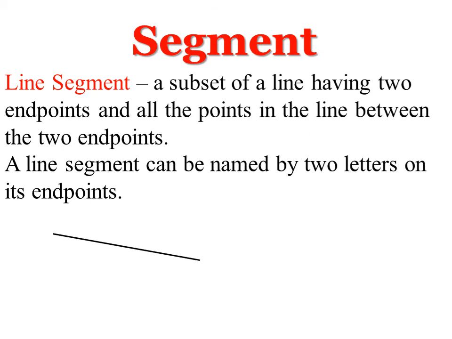Again, in naming a line segment, use the two letters on its endpoints. Say for example, we have a segment and 2 points are placed on the segment, points A and B, then we can name this as line segment AB or line segment BA. Take note class, the symbol above AB or BA is the symbol for line segment.